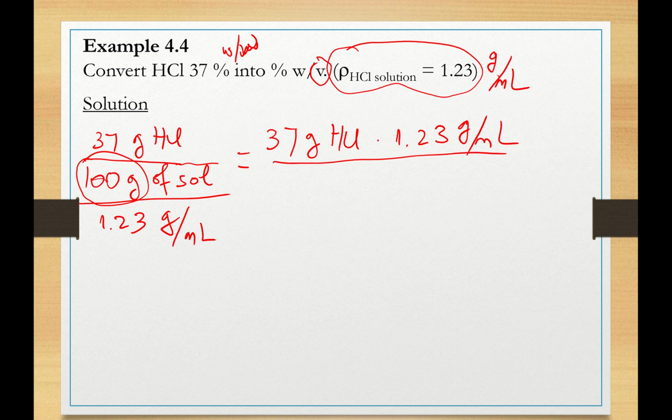So it is the density of the solution, but in order to keep the denominator equal to 100, I multiply the numerator.